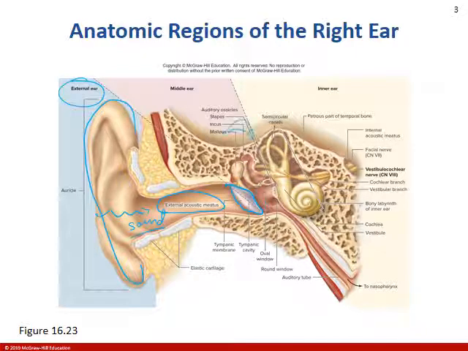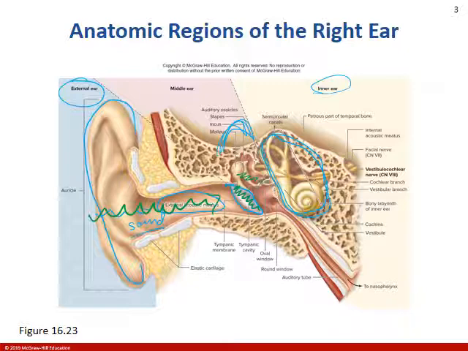Now we're going to move into the middle ear, and you can see that the structures that are actually responsible for hearing and equilibrium are embedded in the inner ear. Sound waves are going to be funneled from the ear to the external acoustic meatus, and it's going to cause the tympanic membrane to vibrate.